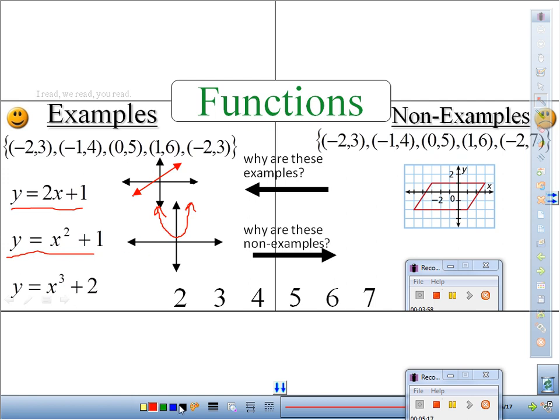Let me graph the last one. Here we go. And I'm going to graph this one in green. So check this out. This graph looks like this.